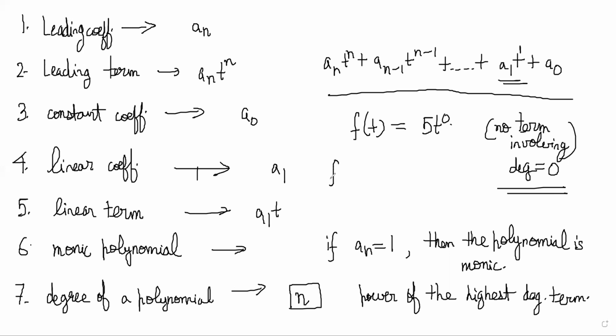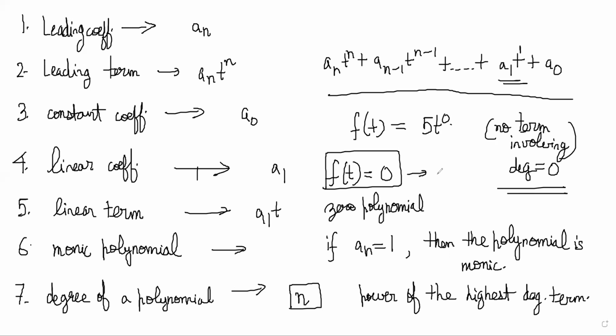Now what about f of t equal to 0? If f of t is 0, then this is a 0 polynomial, and by convention it is defined that the degree of the 0 polynomial is minus infinity. The reason we do that is purely conventional.